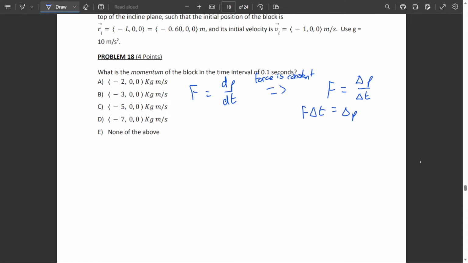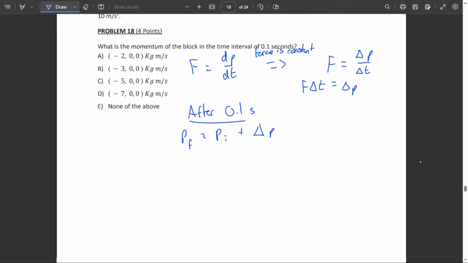And so this is what we're going to use in order to calculate the new momentum. So after 0.1 seconds, the final momentum is going to equal the initial momentum plus change in momentum. The initial momentum is the initial velocity times the mass.